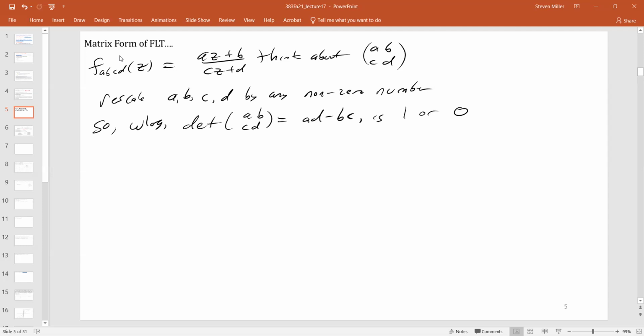So if I give you F of A, B, C, D of F of, actually no, let's use capitals, of A, B, C, D of Z, what do you think is true about this?